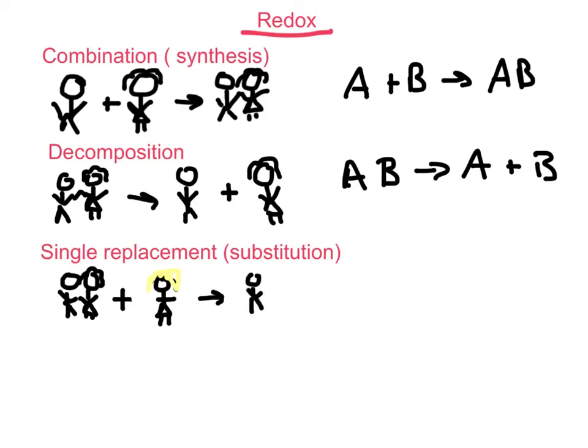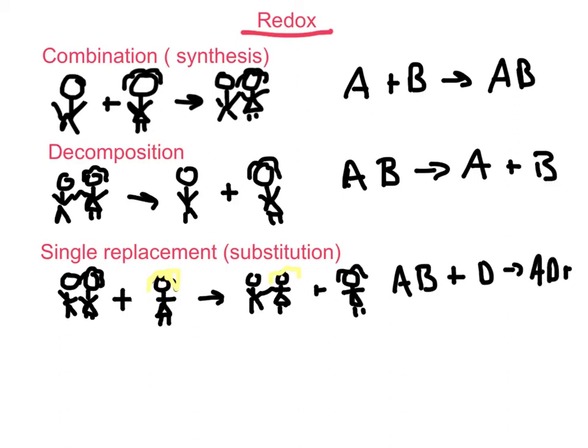So we have our boy that is now with the blonde, and the dark-haired girl got kicked out. Now I don't necessarily hold to that, but I'm just letting you see. So that would be like saying A and B plus a D would give A, D plus B gets kicked out.